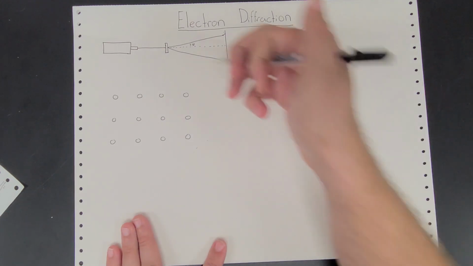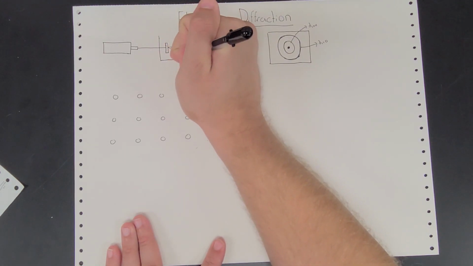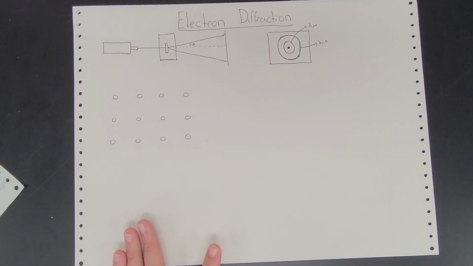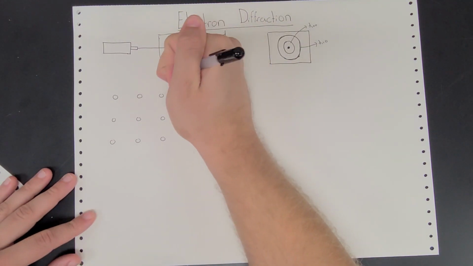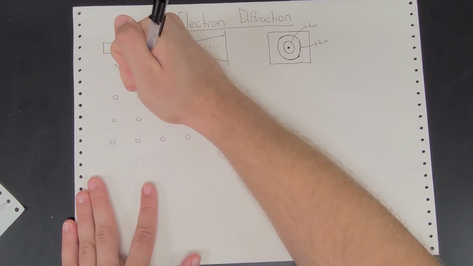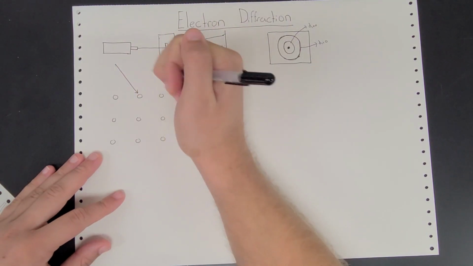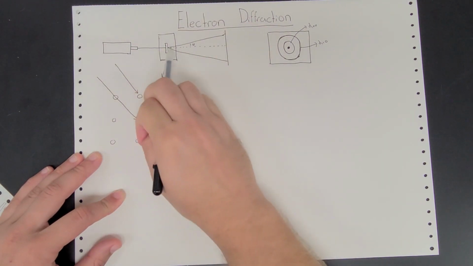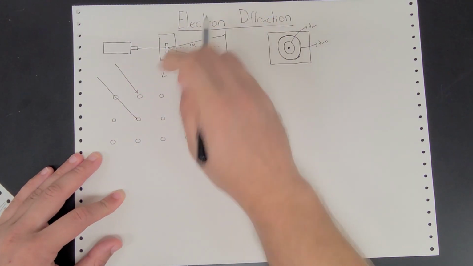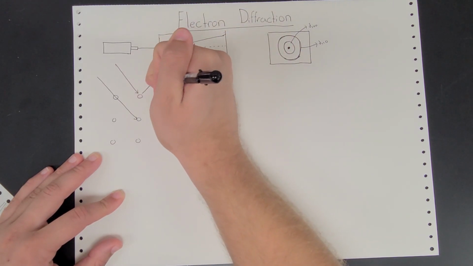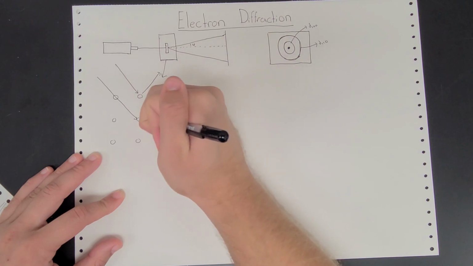The first thing that we need to do is zoom in on what's happening here, where these are being diffracted. That's what we have drawn here. This is going to look exactly the same as what we saw for Bragg diffraction, where we have our incoming beams striking our sample, and then they get reflected or diffracted at an angle equal to the incident angle.